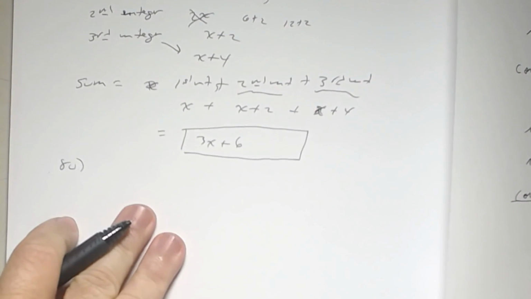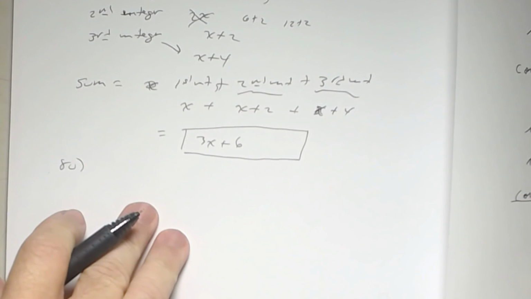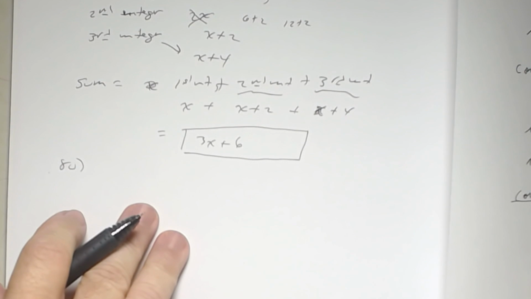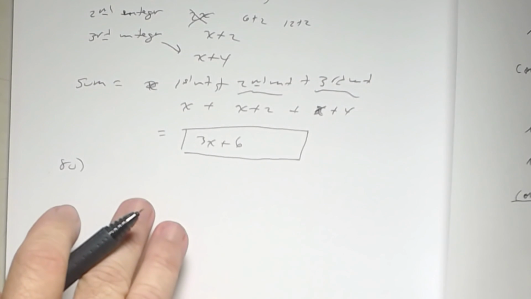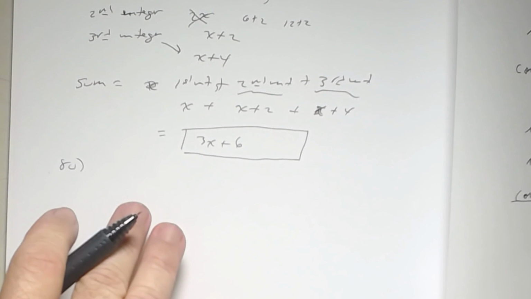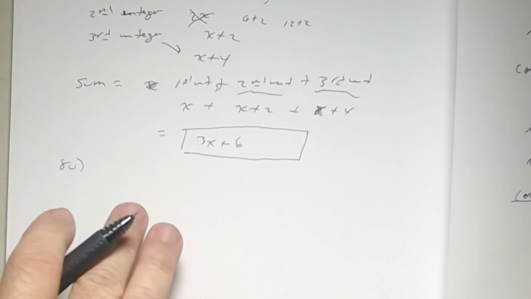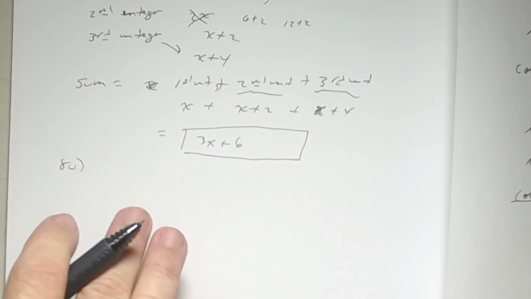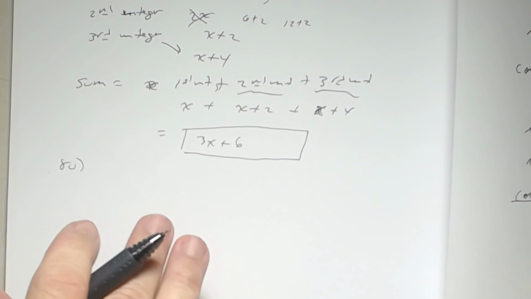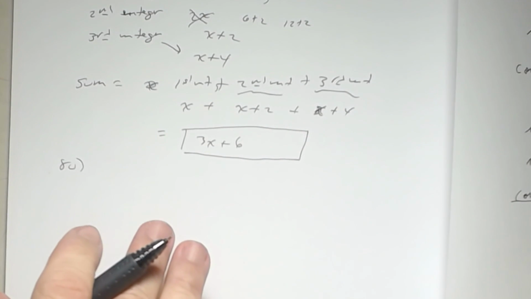Okay, number 80. All right, this time you're dealing with two consecutive integers. Not odd, not even, but just what? Consecutive. They're just consecutive integers. Okay? So it says this. If x is the first of two consecutive integers, express the sum of the first and the second consecutive integer as an algebraic expression containing the variable x.